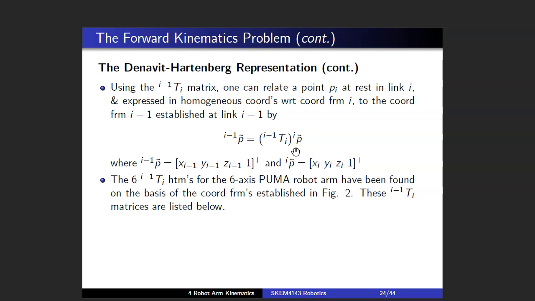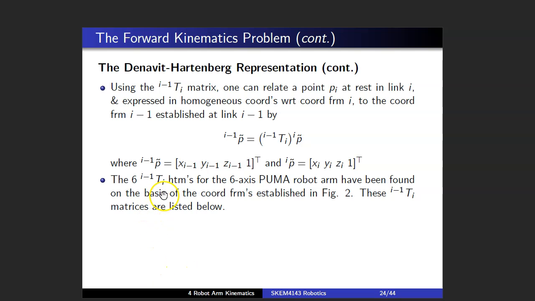So usually we are not interested in T_1^0, mapping a point from one link to another, but we are more interested in mapping the end effector to the base coordinate frame. Therefore we'll be multiplying the 6 matrices together to find T_6^0.